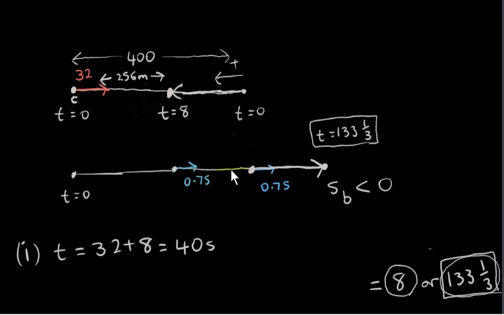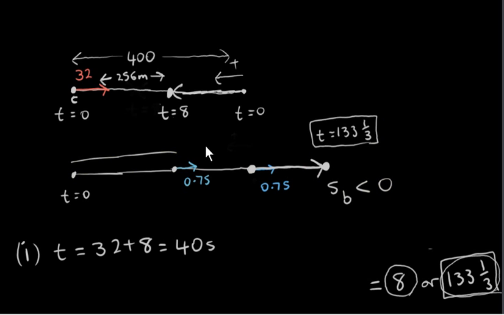But if the bus was able to slow down, stop, and reverse direction, so the collision didn't happen, so the bus passed through the car, if you like, or passed beside the car, then it would accelerate back through its original position with acceleration 0.75 to the right, and at this time it would end up somewhere here, and SB would be negative.